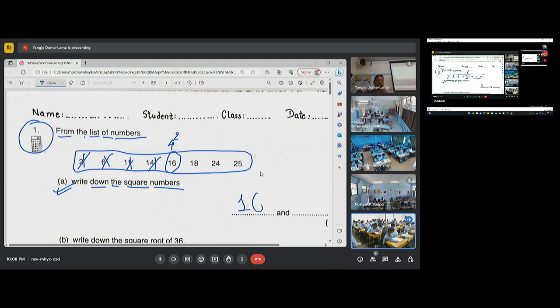So 16 is a square number. 18? 24? 24 is a square number? 25? Because 25 is 5 square, so we get 25. Understand? Do you understand number A?